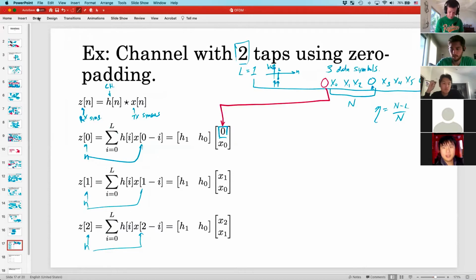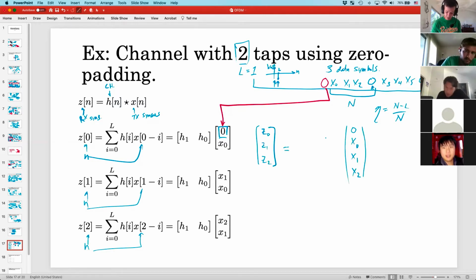Okay, so if I can write these individually as matrix multiplications, there's nothing stopping me from stacking the z's in a column and then saying that 0, x0, x1, x2 are in their own column. Let's play fill in the matrix here.